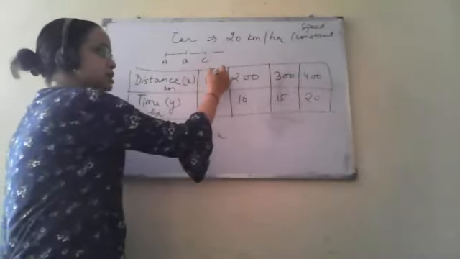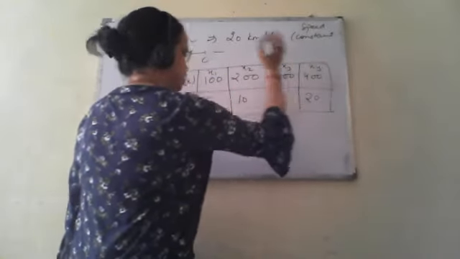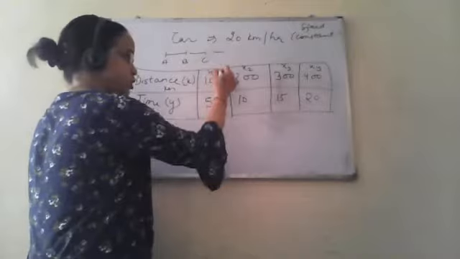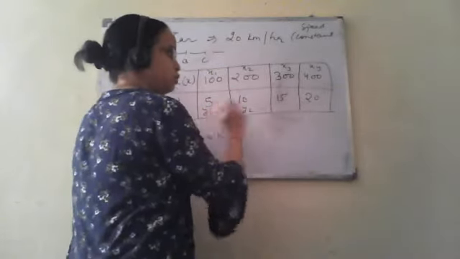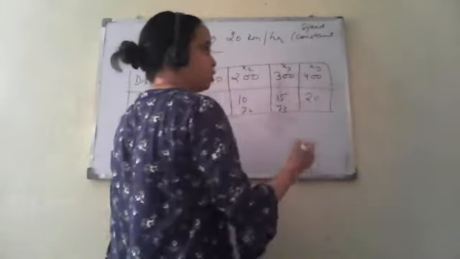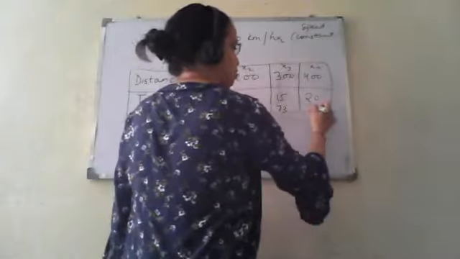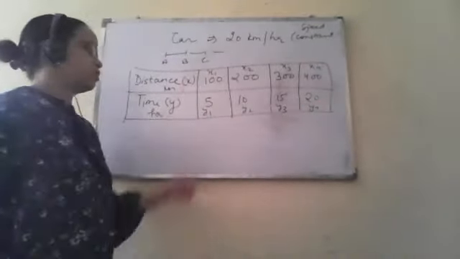We can take it as x1, x2, x3, and x4. Corresponding to x1 is y1, corresponding to x2 is y2, corresponding to x3 it will be y3, and corresponding to x4 it will be y4. Now we have to check whether their ratios are equal or not.